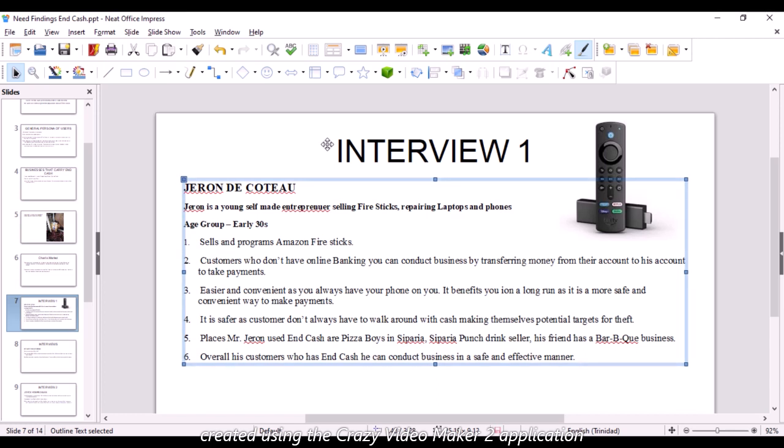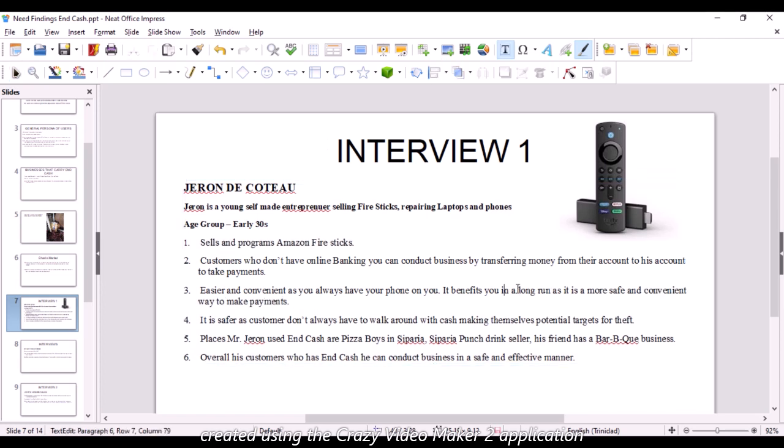It benefits you in the long run, as it is a safer and more convenient way to make payments. It is safer as the customers don't always have to walk around with cash, making themselves potential targets for theft.